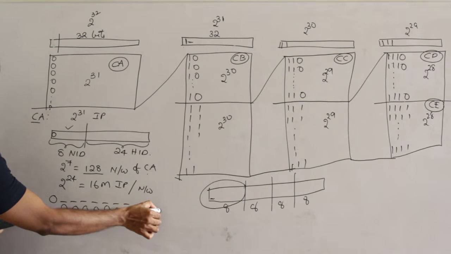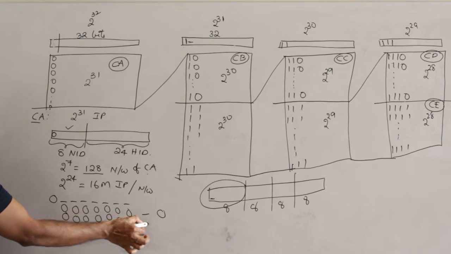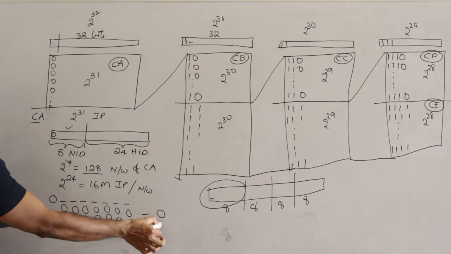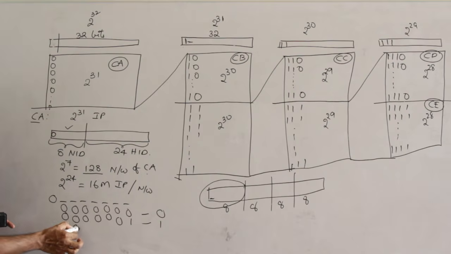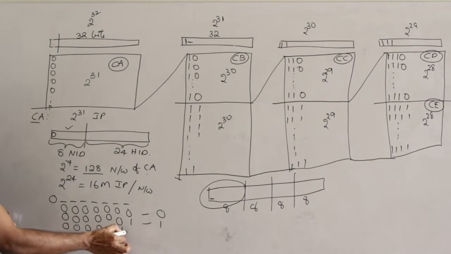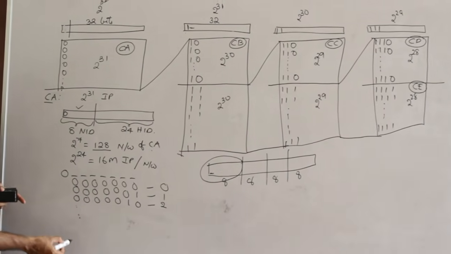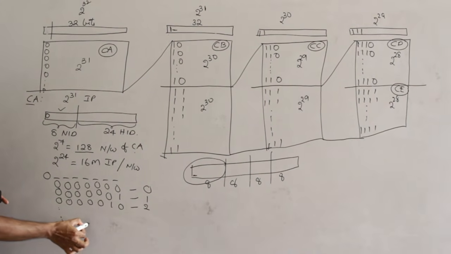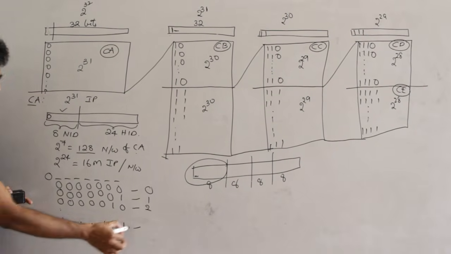Therefore the starting number is 0, and the next one is 0 0 0 0 0 0 1, therefore the next number is 1, right? And the next one is 0 0 0 0 0 1 0, therefore the next number is 2, and so on. The last number is 1 1 1 1 1 1 1, 7 ones. 7 ones is nothing but 127.